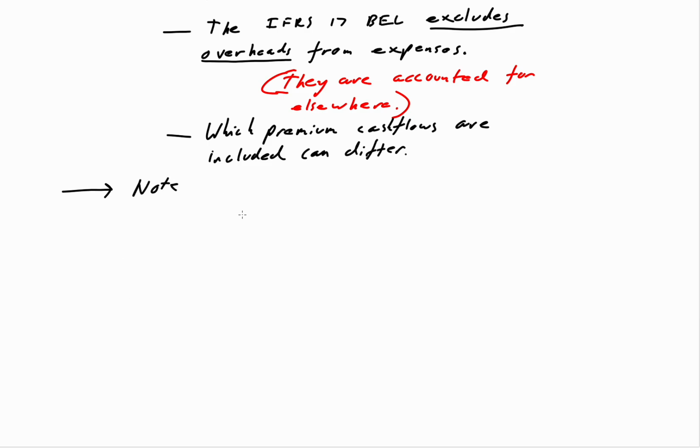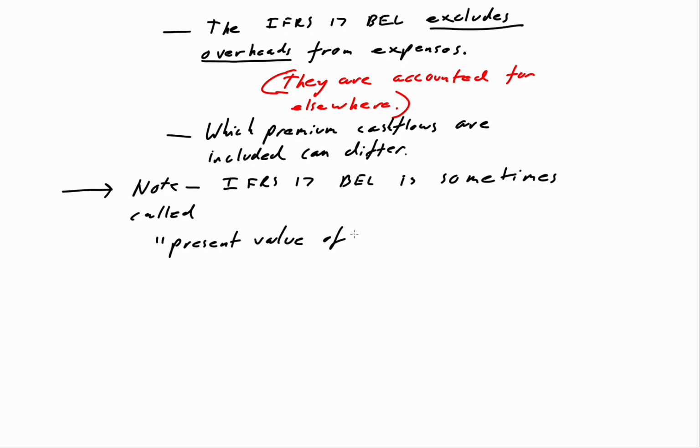Note that the IFRS 17 BEL is sometimes called present value of future cash flows.